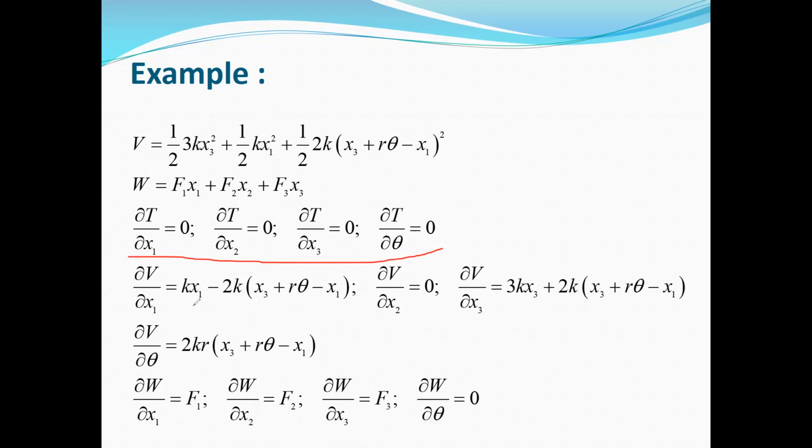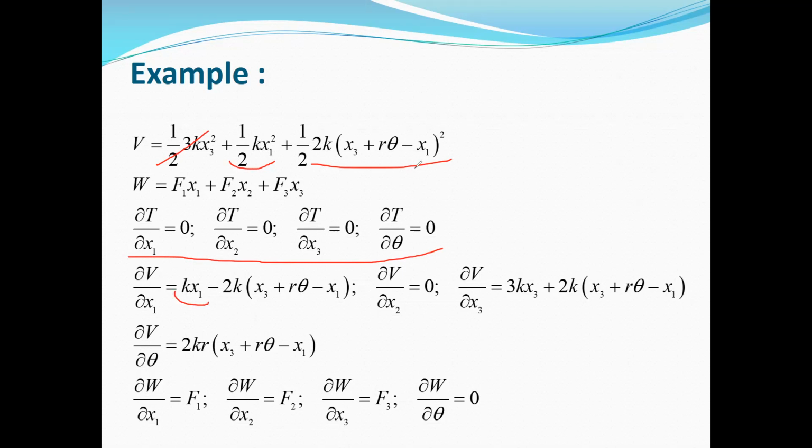The derivative of V with respect to x1 is equal to the derivative of this term with respect to x1, because this term is 0, and here we have x1 as well, so it's equal to 2 times half times k times x1, which is equal to k x1.